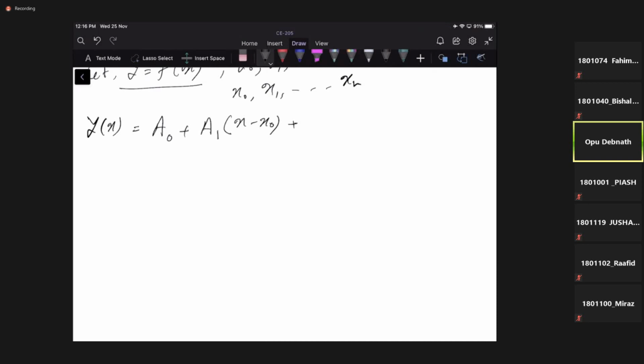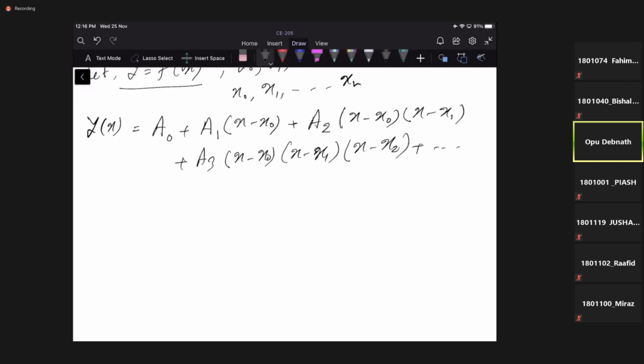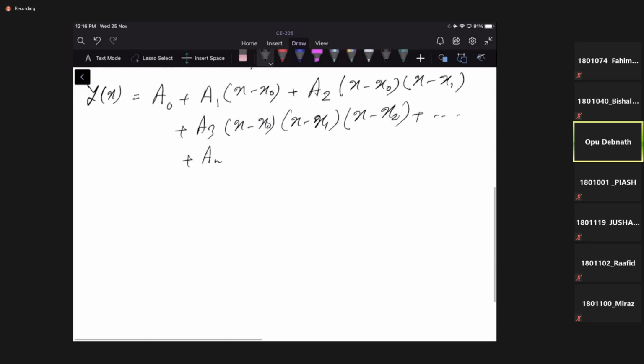Plus a2 multiplied by x minus x0 multiplied by x minus x1, similarly a3 multiplied by x minus x0, x minus x1, x minus x2, plus dot dot dot up to the nth term, where x goes up to xn, and a0, a1, a2 and so on are constants, with the last term multiplied by x minus x0, x minus x1, up to x minus x(n minus 1).